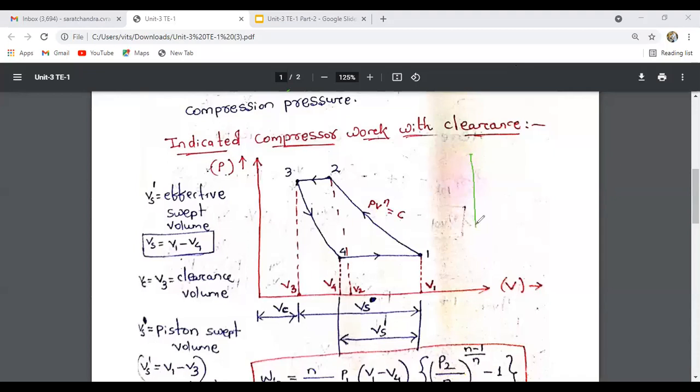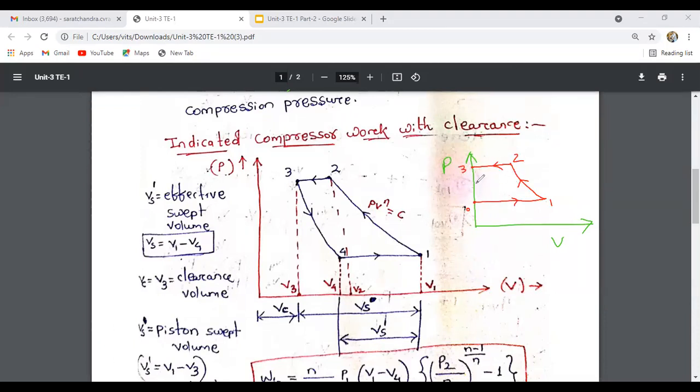So this is the pressure axis, this is the volume axis, and in that we drew some diagrams in this manner. This was 0.0, this is 0.1, this is 0.2, and this was 0.3. Like that, one diagram we have done without clearance.